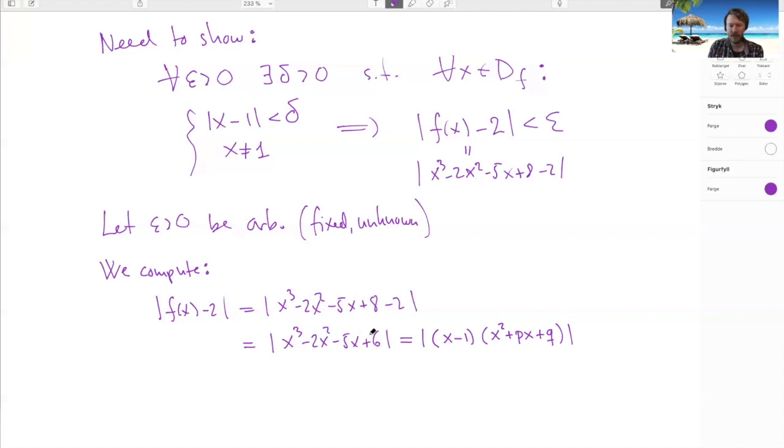So the only way to get the 6 here is if minus 1 times q is equal to 6. So that means that q must be equal to minus 6. There's nothing else that would give us this constant term. Everything else when we multiply out will give us an x. And then if this works, what should p be? Well, what terms will give me this?